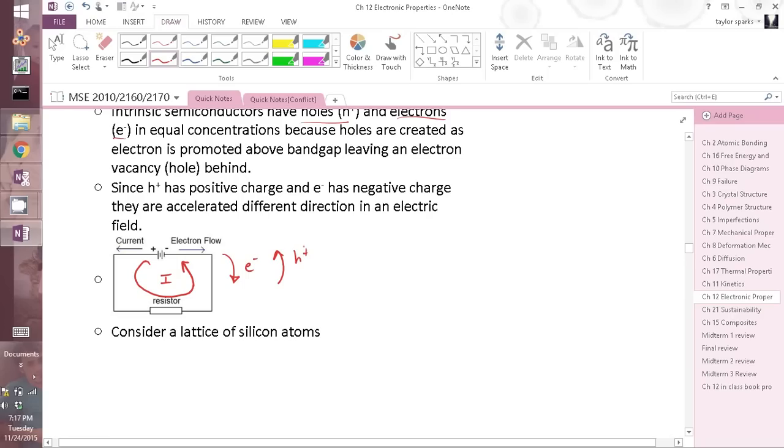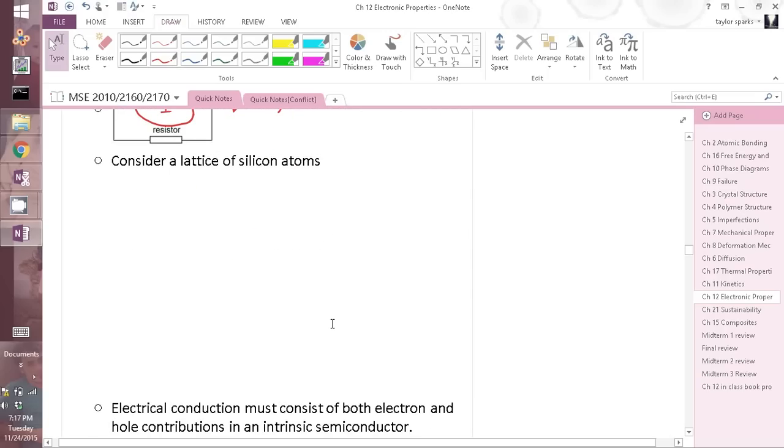Perhaps one of the easier ways to think of semiconductors is to picture them as all silicon and then imagine what's happening with the bonding electrons. So we're going to draw that. We'll draw a lattice of silicon, silicon bonded to silicon, bonded to silicon. And since we remember that silicon crystallizes in the diamond cubic structure, we know that every single silicon is bonded to 4 other silicons.